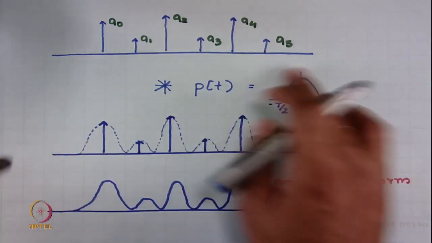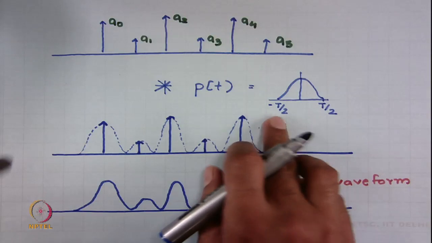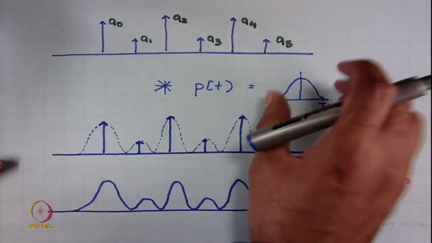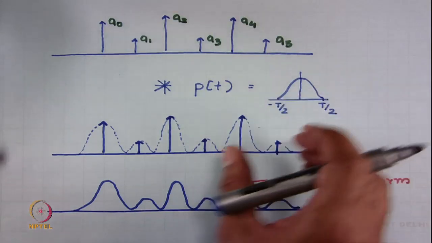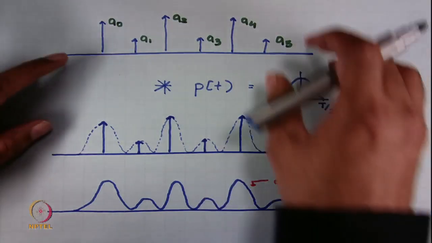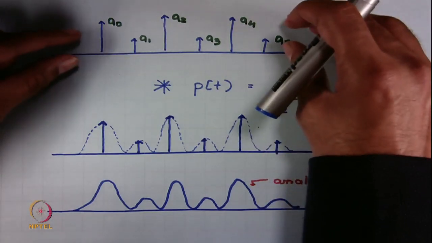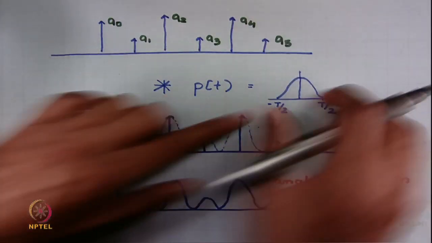That means it is a pulse which goes from minus T by 2 to plus T by 2. The effect of passing this impulse train through the filter is that you need to convolve it with such a pulse.